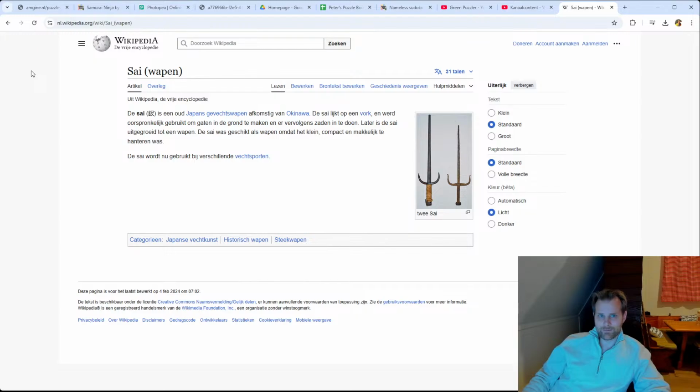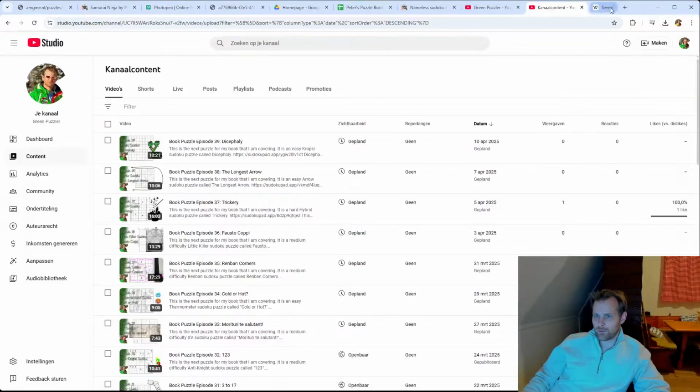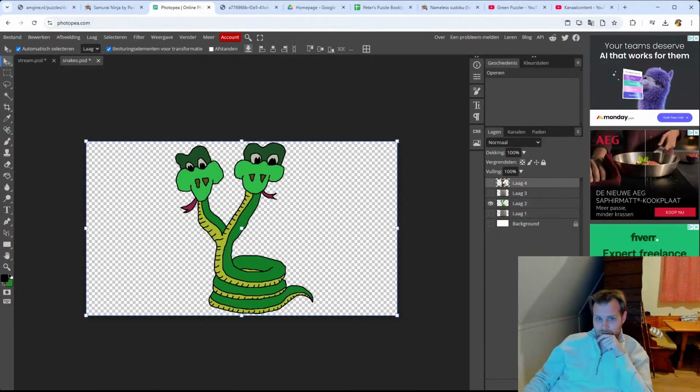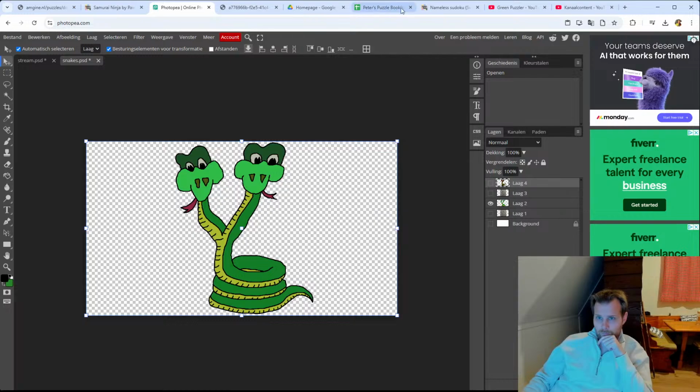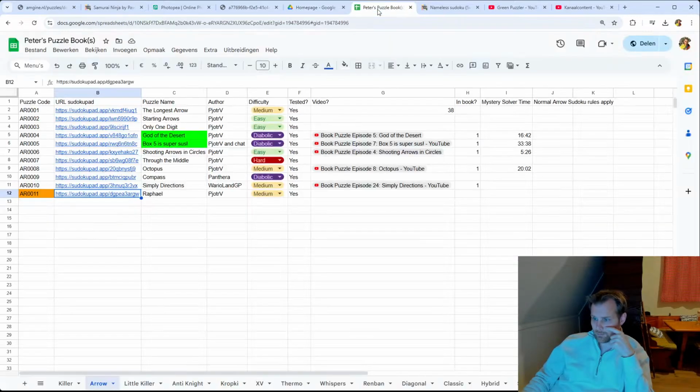A sai, that's a Japanese weapon. So yeah, I thought I can draw them myself. So I drew them, as you can see here. And what I can do then is put it in here. So that's what I will do. I can put it in there.